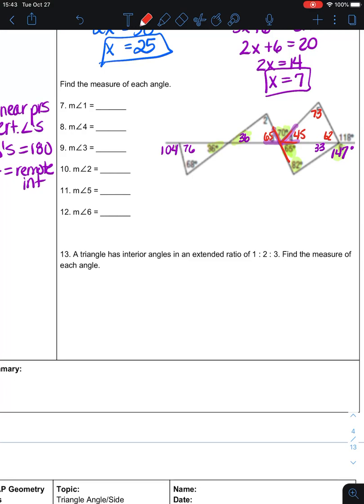If angle 3 is 65, then the 65-degree angle plus the 36-degree angle subtracted from 180 means that angle 2 is 79. And so you just work your way through the picture to figure out how big each of the angles are.